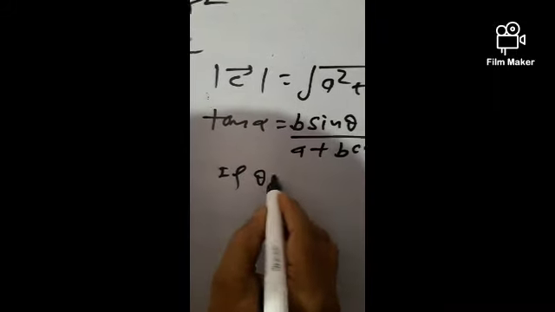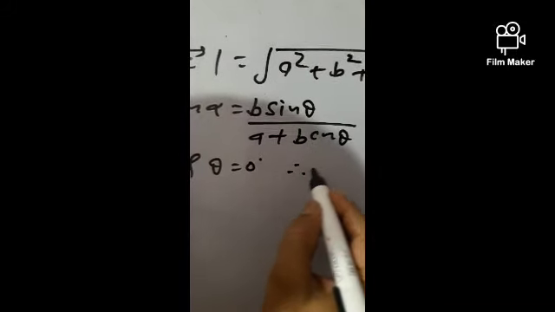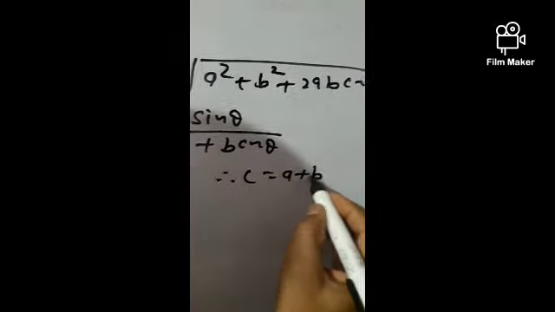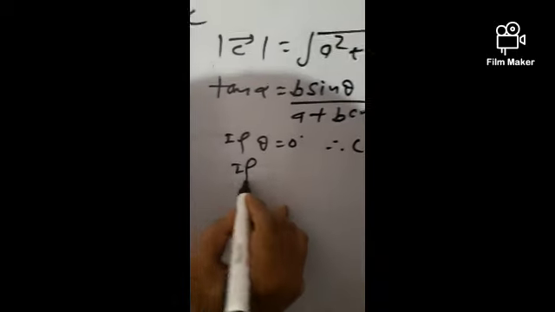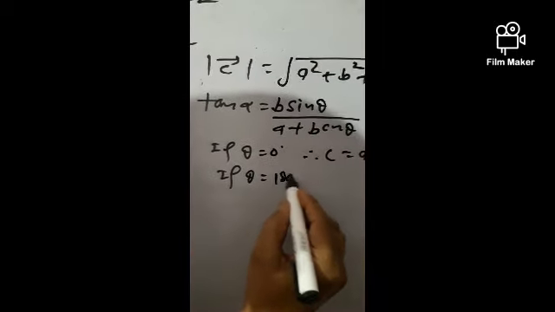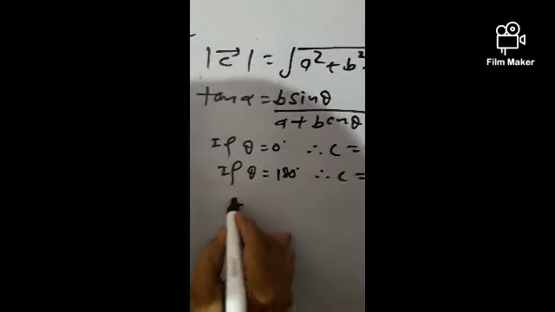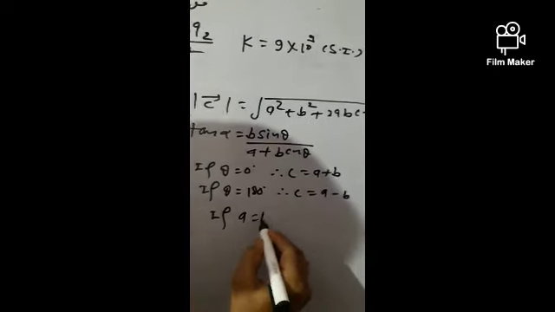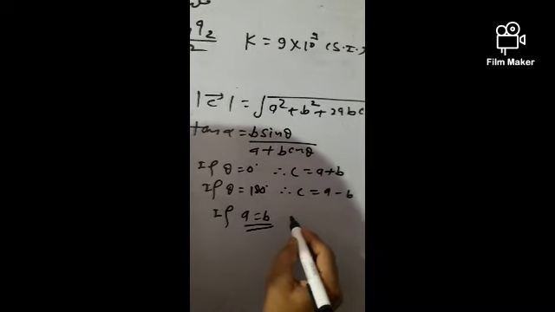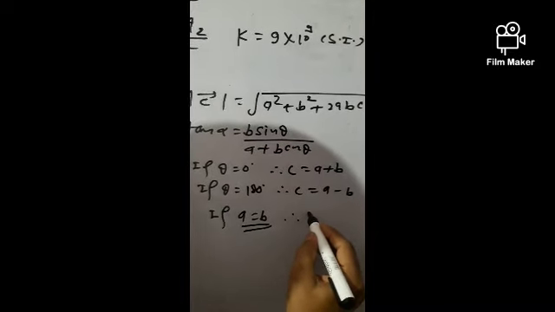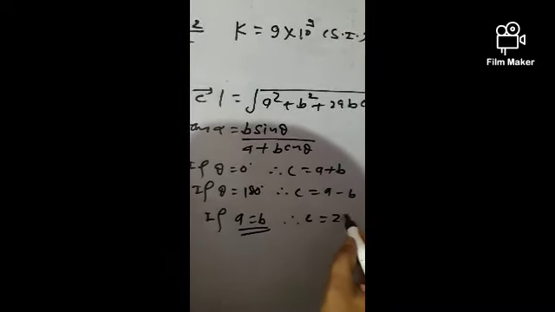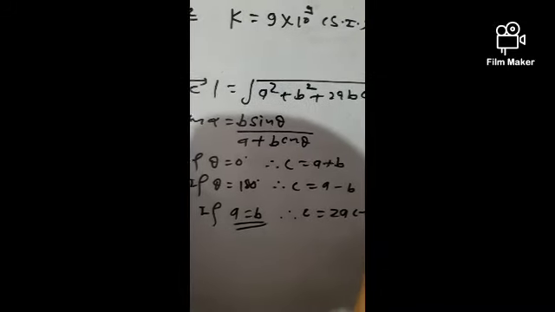If theta equal to 0 degree, therefore C equal to A plus B. If theta equal to 180 degree, therefore C equal to A minus B. And if A equal to B, means magnitude of both vectors are same, then resultant vector C equal to 2A cos theta by 2.